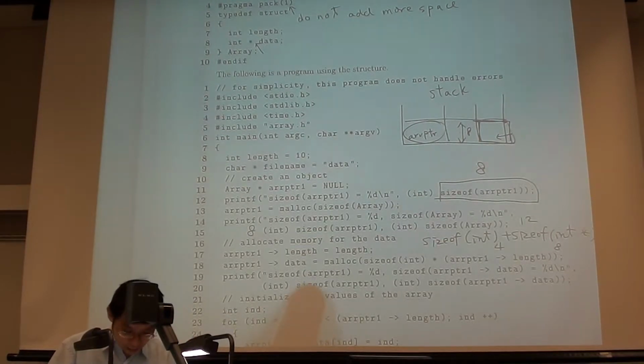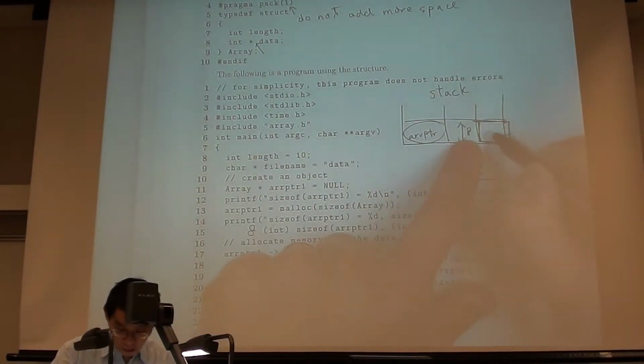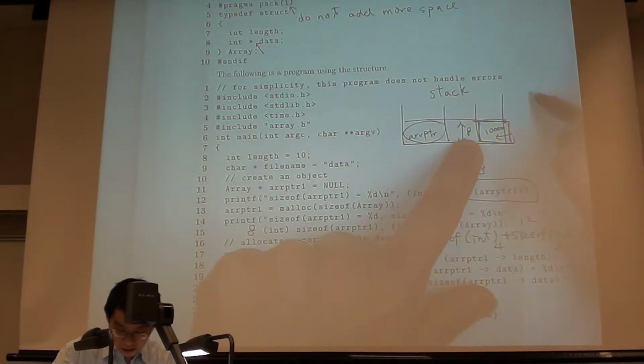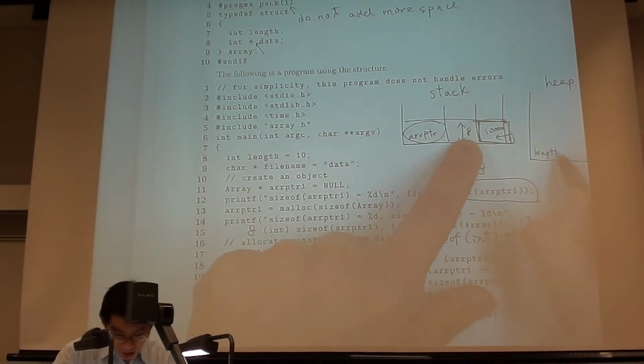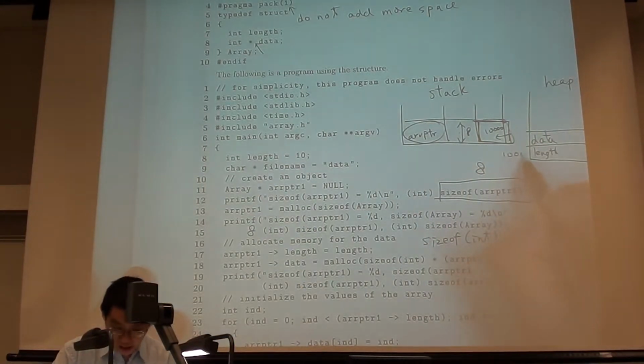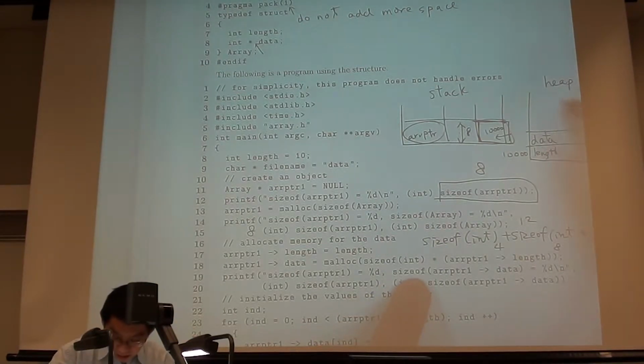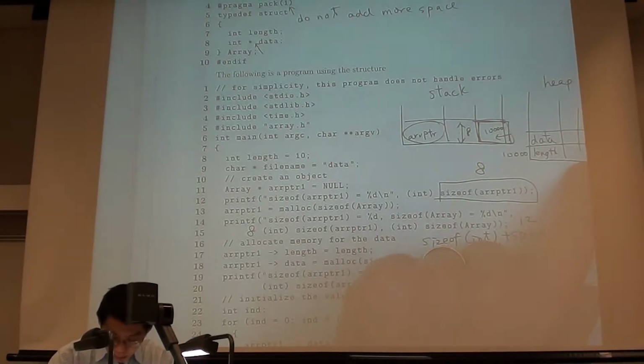Then we ask you again, we allocate space again. What is happening is this allocated space is at 10,000. In your heap memory, you have length, you have data. So this address will be 10,000. We allocate additional space, that means this one will be another address, that's 20,000.